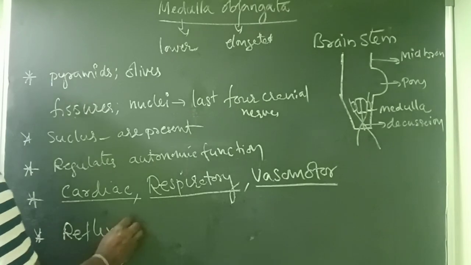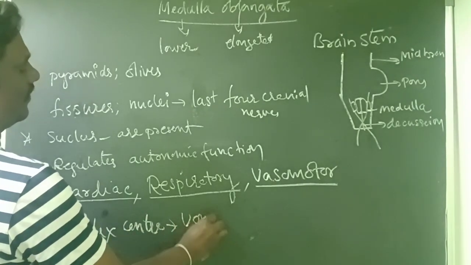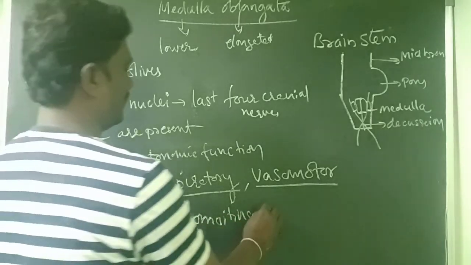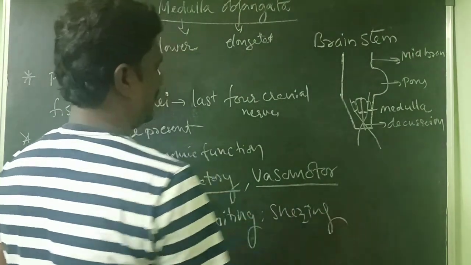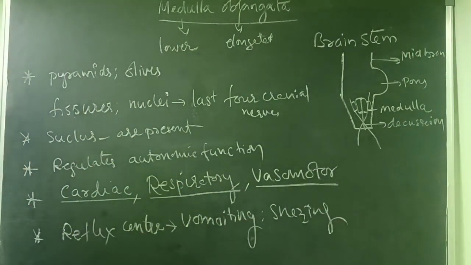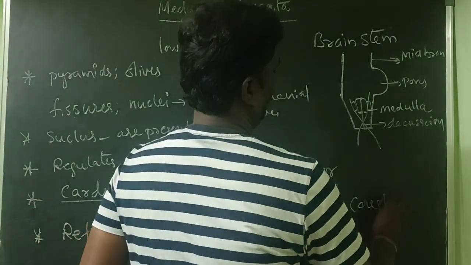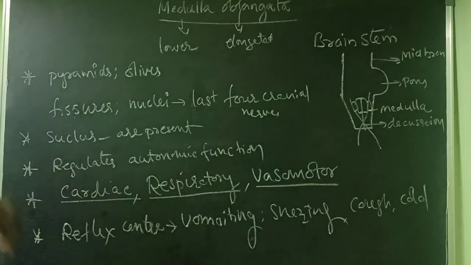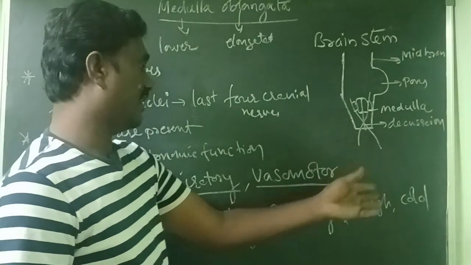There are also reflex centers for vomiting, sneezing, and cough. So it acts as a reflex center for vomiting, sneezing, and coughing also.